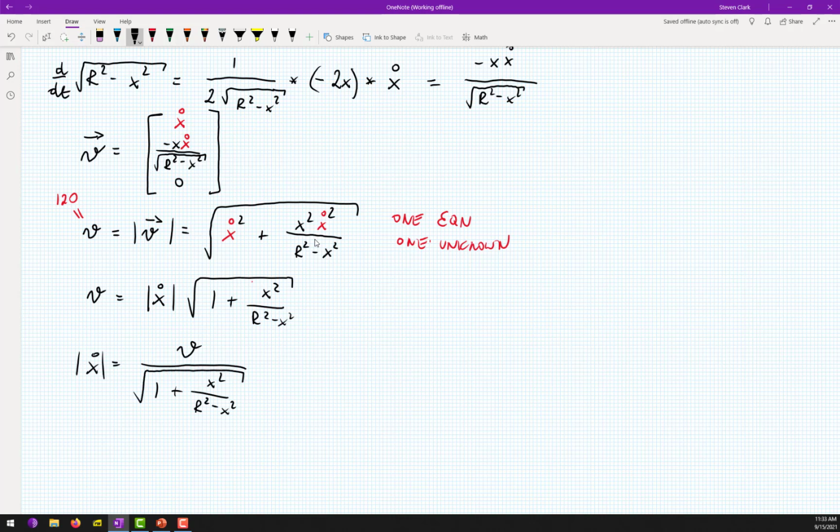Okay, and if you grab your calculators, you can just plug in values, and you will end up with x dot equal to 72 feet per second. And this is the absolute value.